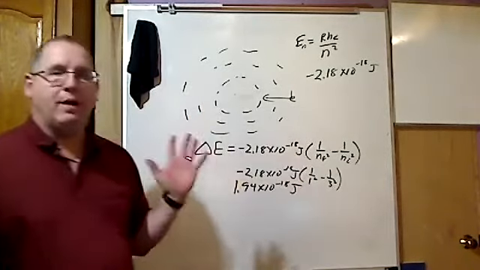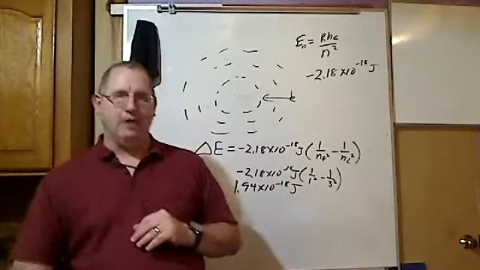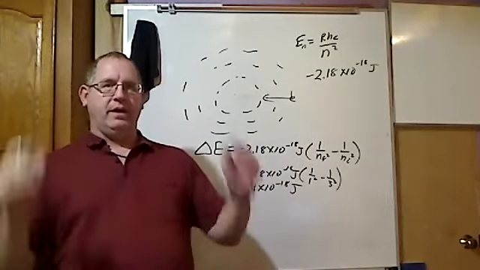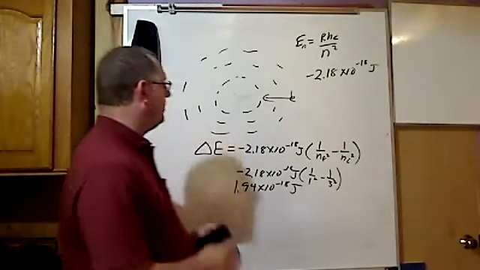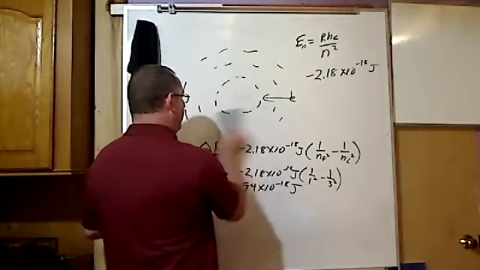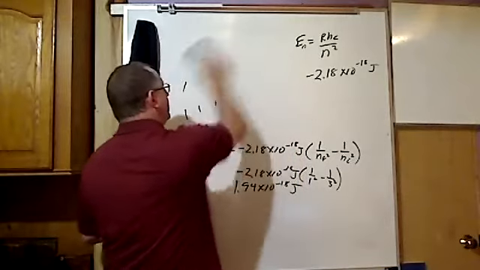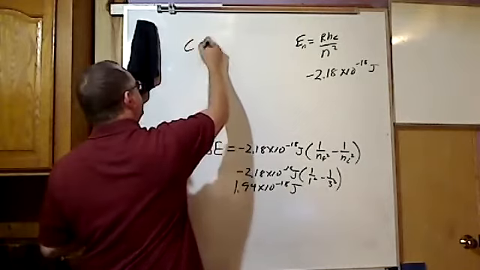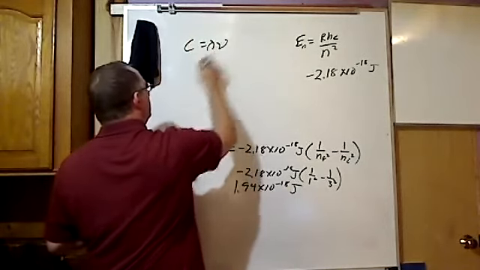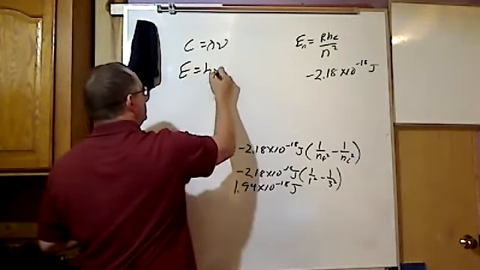Now, knowing my relationship between energy and wavelength and frequency, remember before, now I'm going to erase the very bad model of the atom that I put here. I know I have c is equal to lambda times nu, and E is equal to h nu.